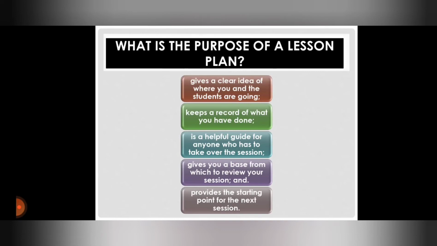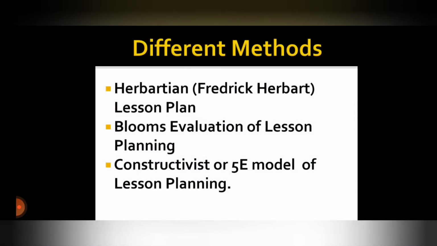And then different people use different approaches to develop this lesson plan. The most common are Herbartian lesson plan, Bloom's evaluation of lesson planning, constructivist or 5E model of lesson planning. So let us start with the Frederick Herbert. He's a German philosopher. So his approach is mainly based on the perception theory or classical human organization theory.